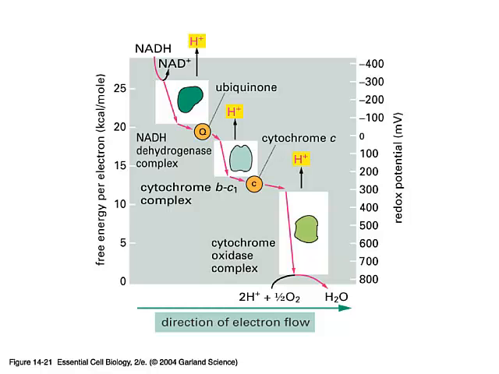There are a couple intermediates that need to carry these high energy electrons to the next acceptor. In between the NADH dehydrogenase complex and the cytochrome reductase complex, ubiquinone takes those electrons and passes them on. And then in between the two cytochrome complexes, cytochrome C carries the electrons.